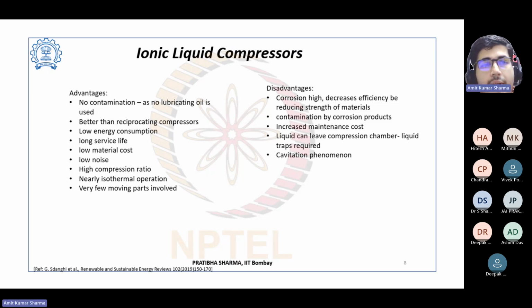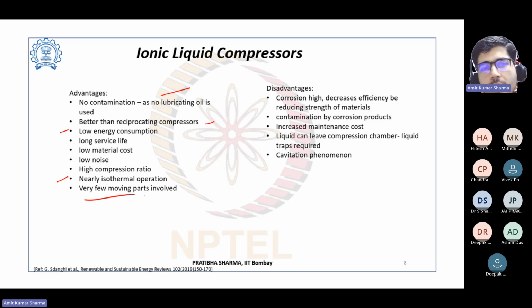The advantage of ionic liquid compressors is no contamination, because there is no lubricating oil. It's better than reciprocating compressors, with low energy consumption, long service life, low material cost, low noise, high compression ratio, nearly isothermal operation, and very few moving parts involved.